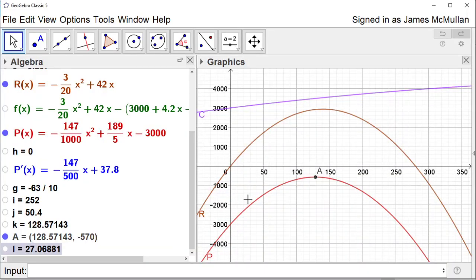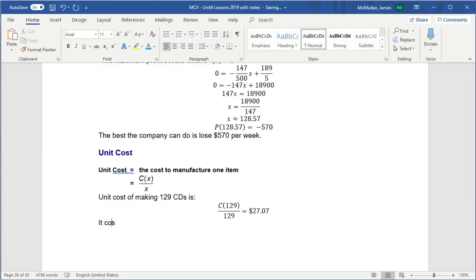And now you see what the problem is. It costs the company $27.07 to make one CD, and what are they selling them for, right?